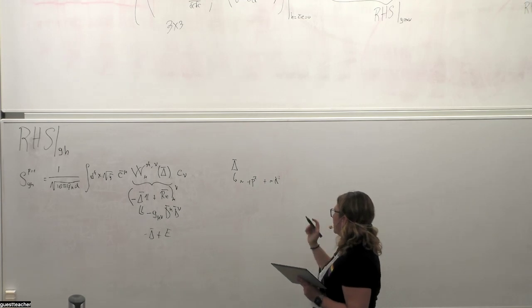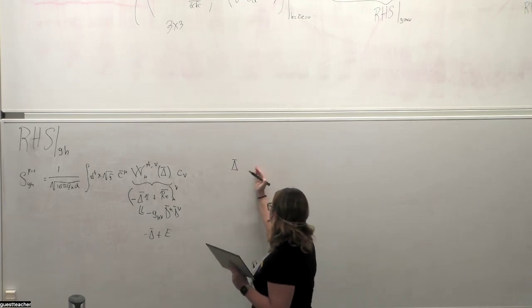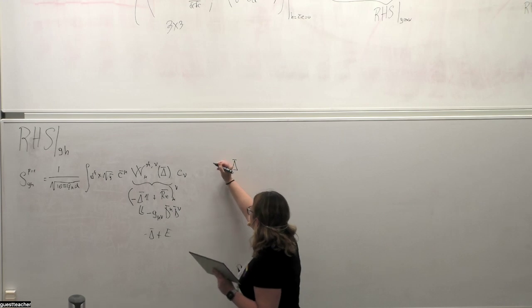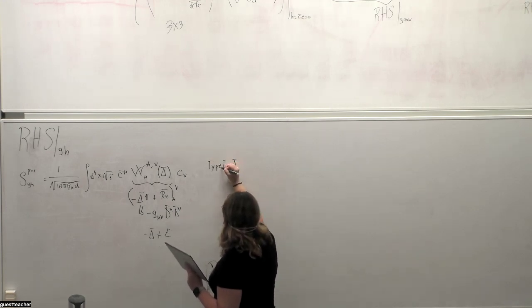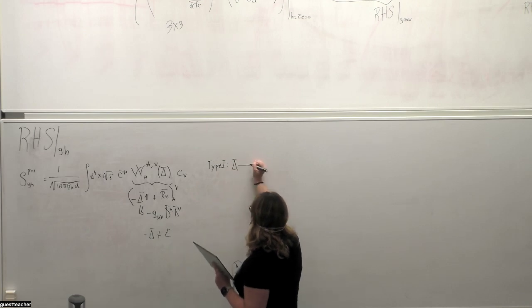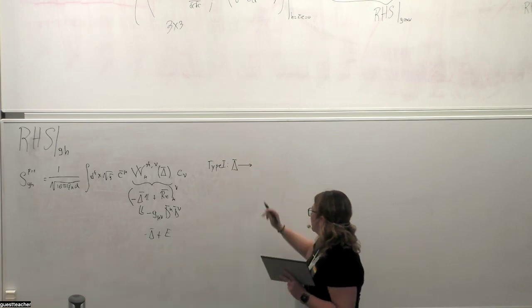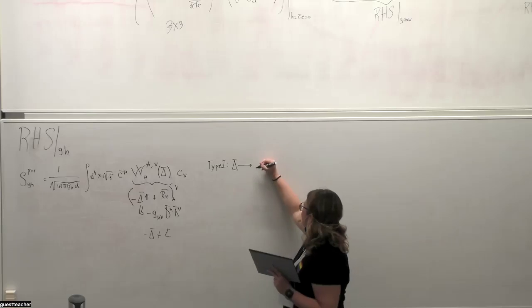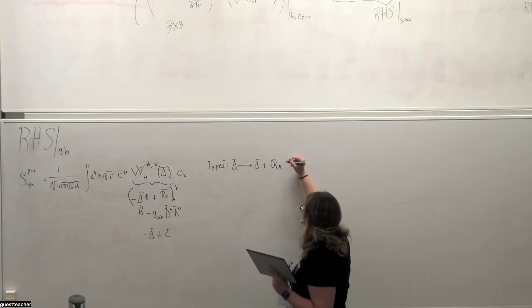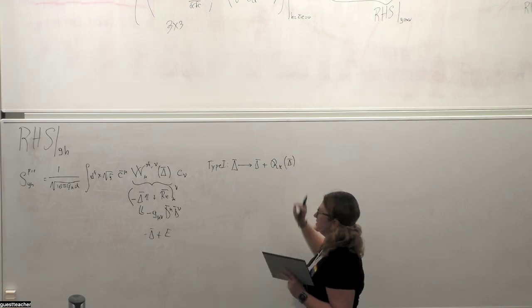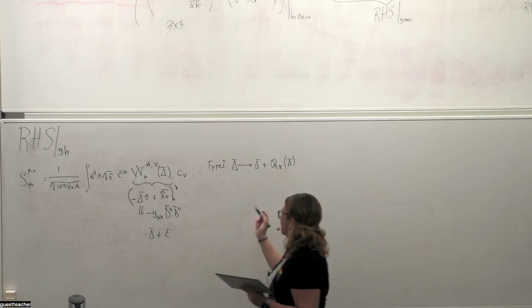So one way of implementing this in practice, and this is roughly called the type 1 regularization, is to replace each kinetic term with a corresponding regulator that depends on delta. So one is regularizing the delta itself.